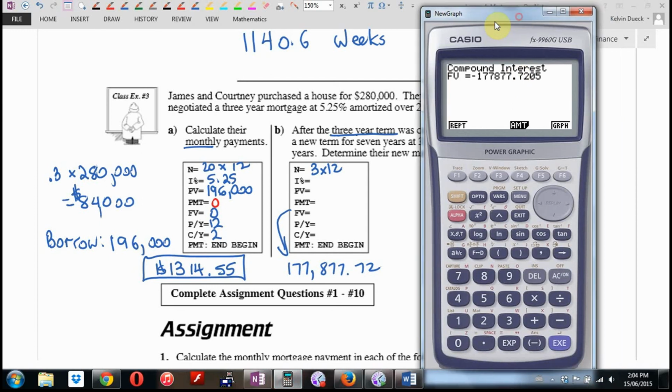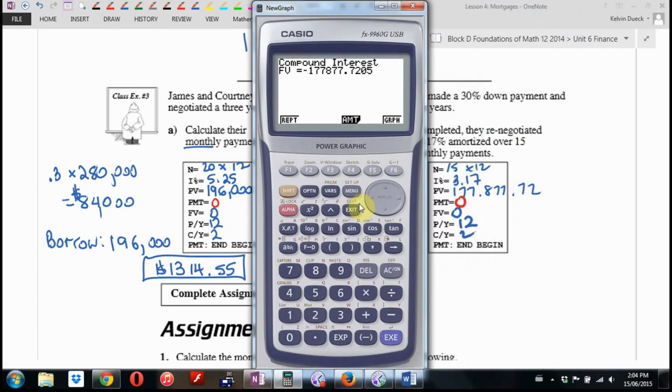The new payment is going to be, N is 15 times 12, 3.17. Now I'm starting with $177,877.72. Payment, I'll put a temporary 0 there. I want the final value to be 0. 12 payments per year, 2 compound periods per year. What's my payment now?